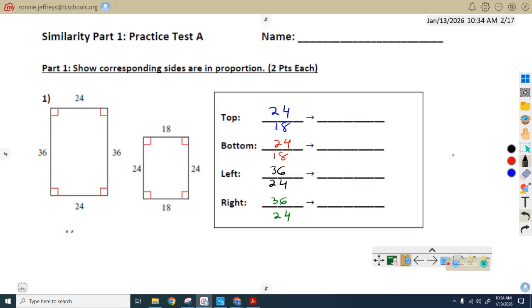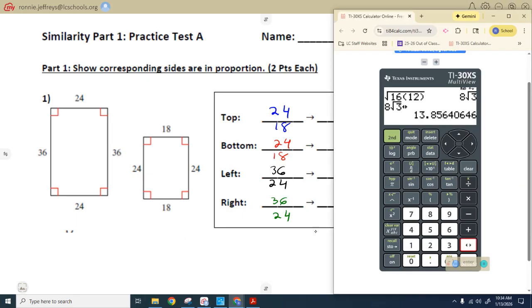Now, the one thing that I will probably add is another box over here that says similar, where you put yes, no. That would probably be the only other thing. So, as we're doing this, remember this is a calculator problem. 24 over 18.